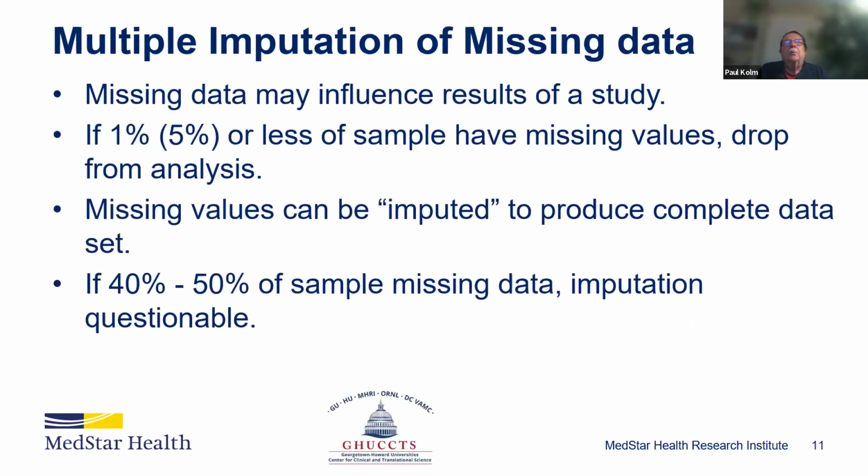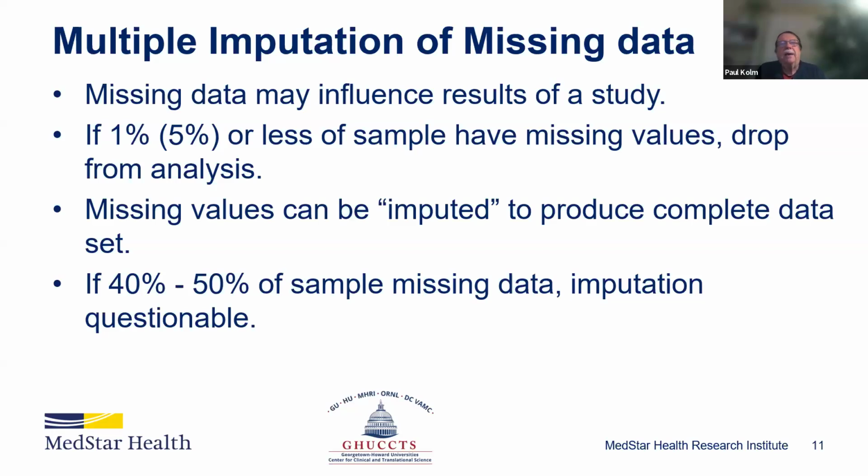So what we want to do then, if we have missing data, is what's called multiple imputation. And if you have a sample where the missing values are, say, less than 1% of your total sample size, then you might as well drop those missing data from the analysis, because they're not going to make much difference.